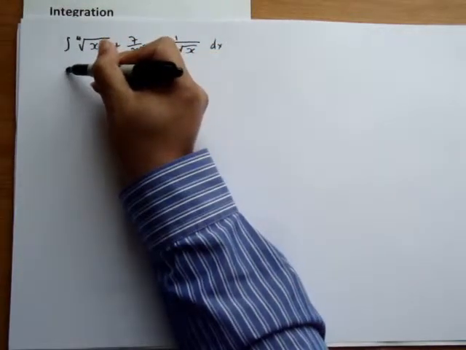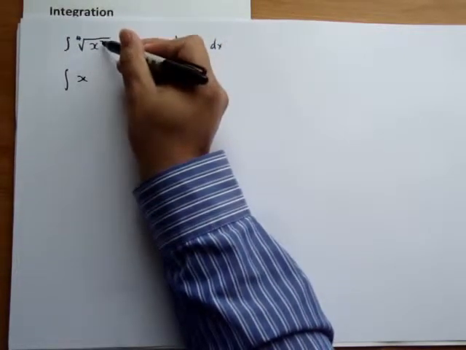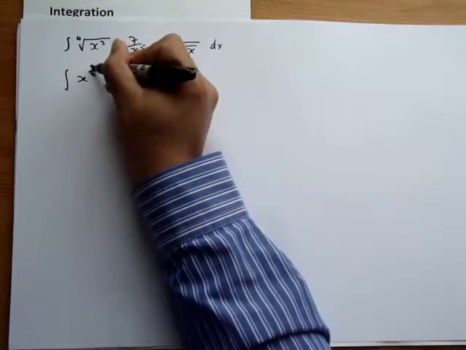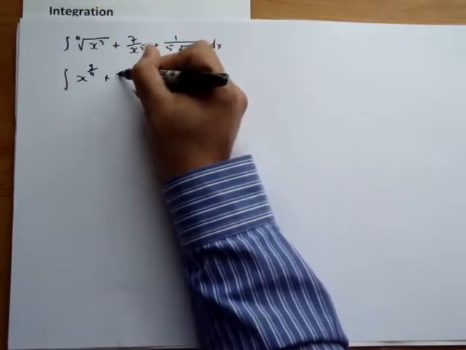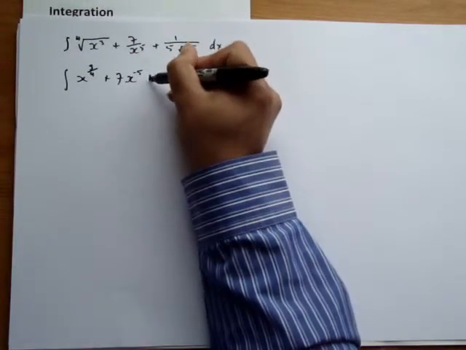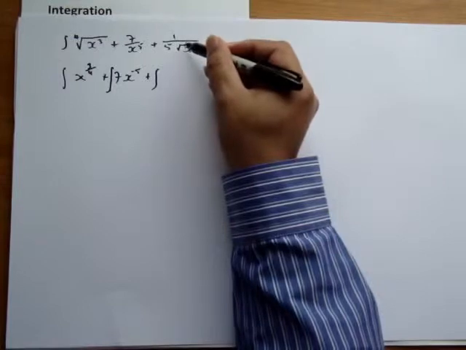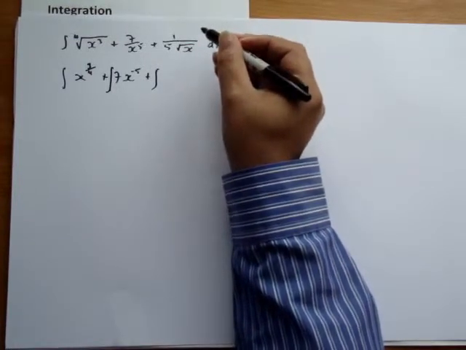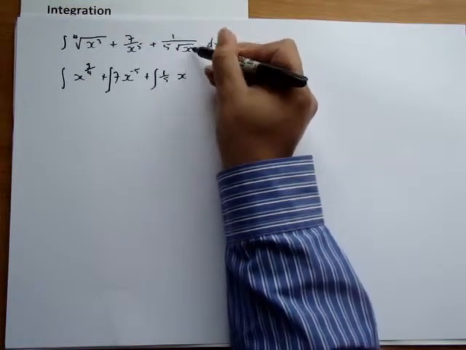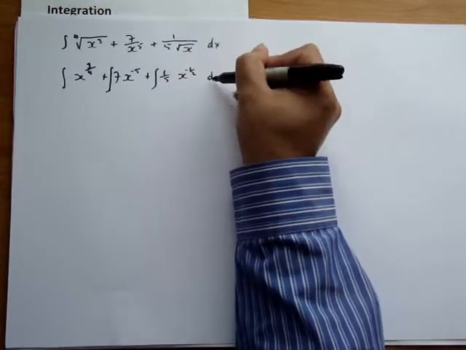So we have the integral of x to the power 3 over 4, so the 4 goes on the bottom and the 3 goes on the top, plus 7x, when the 5 is underneath the fraction it becomes a minus 5, plus the integral of 1 over 5 x to the square root, so that becomes 1 over 5 x to the half, and then because it's underneath the fraction it becomes minus a half, dx.